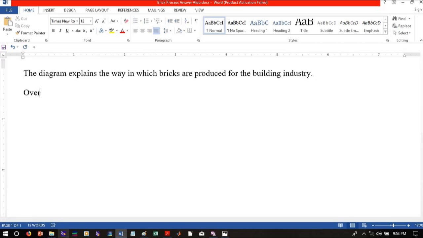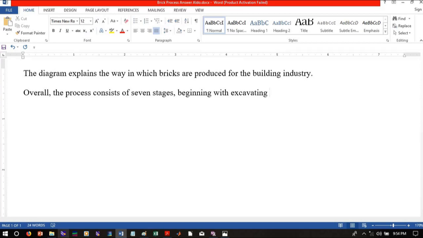Okay, so what do we need to write? We need to start with the word overall, and then we say the process consists of 7 stages, beginning with excavating. So guys, the word actually used in the diagram is digger, right? But from the perspective of engineering, I know there's an excavator.